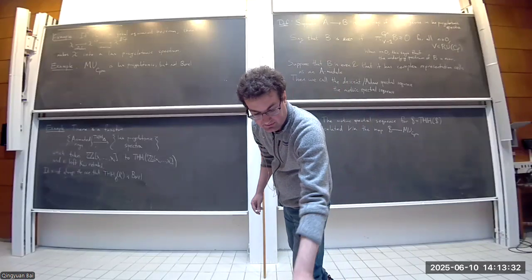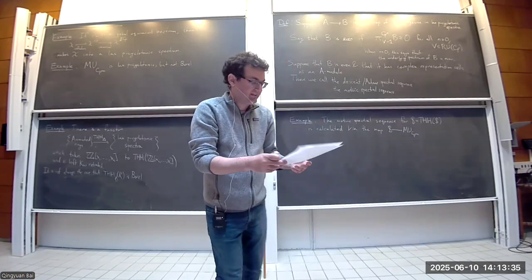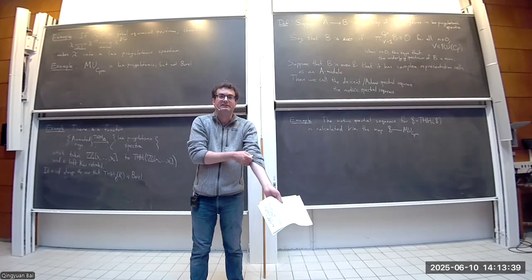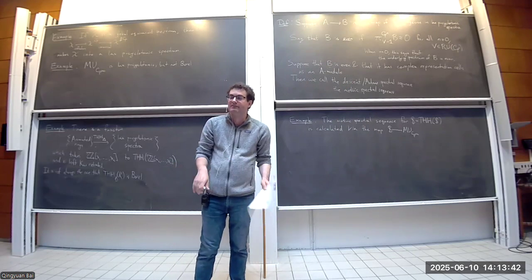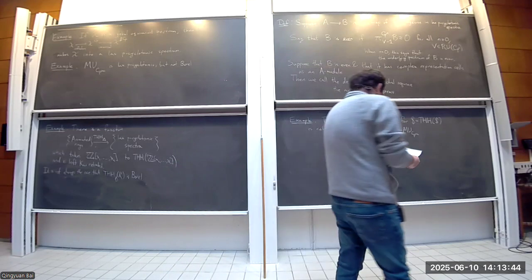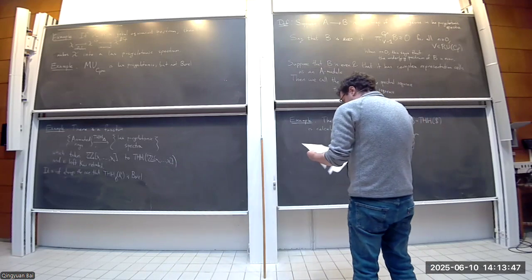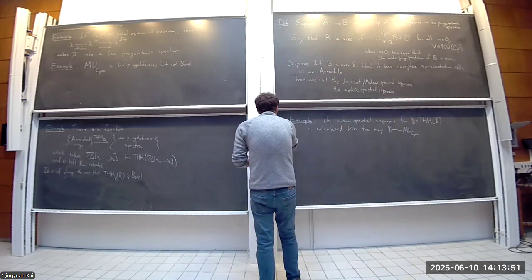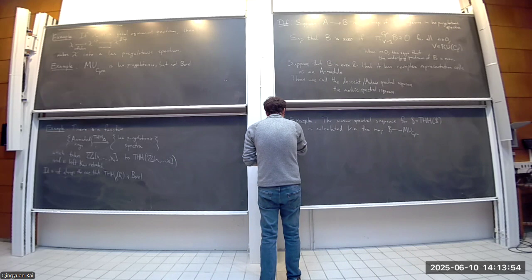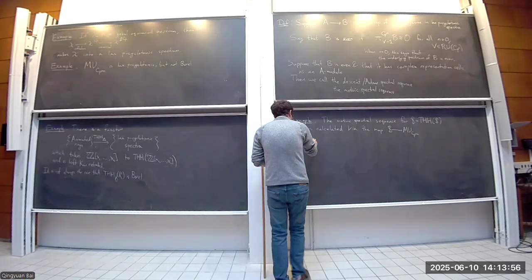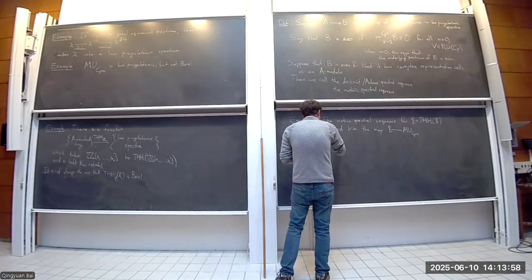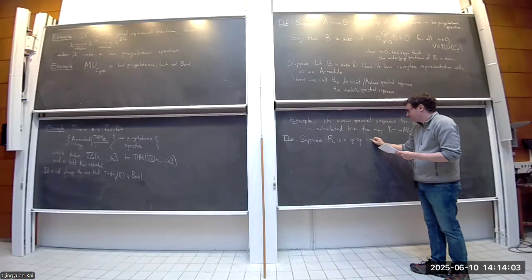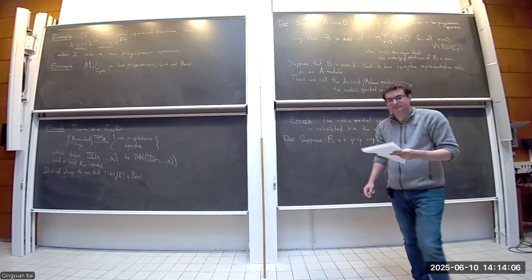And now, in the remaining time, I'm going to tell you a little bit about what this has to do with some notions defined by Bhatt-Morrow-Scholze, the prismatic polynomial. R is a discrete ring that's quasi-regular semi-perfectoid.